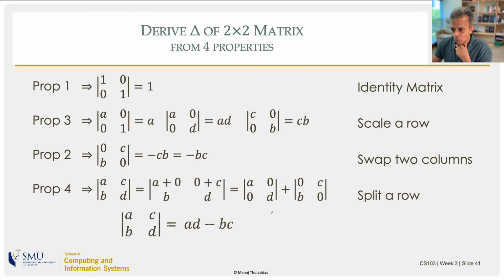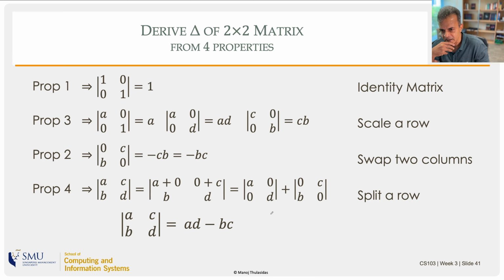Now, I have one exercise here. I actually worked it out here. And there is a more detailed step-by-step derivation of this in the textbook. We can actually derive the determinant of a 2 by 2 matrix using the properties. What that means is that the determinant of a 2 by 2 matrix, as we defined it, will obey the properties.